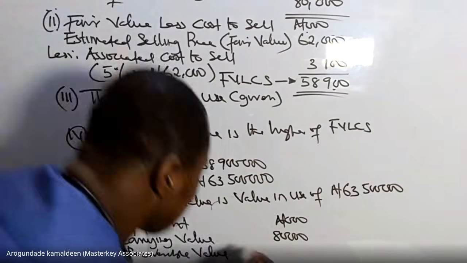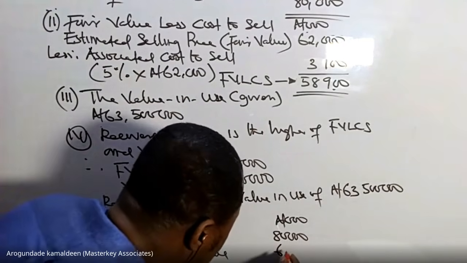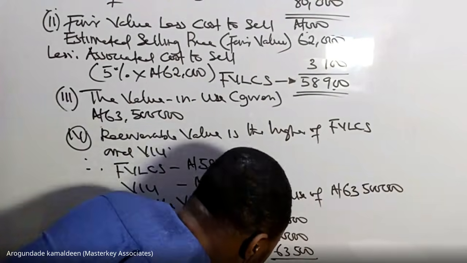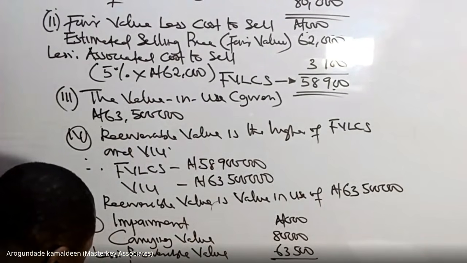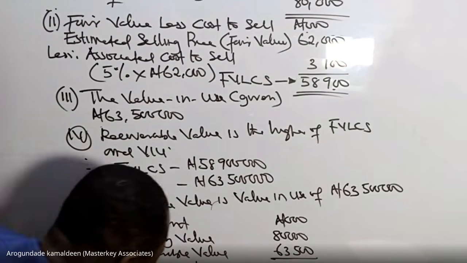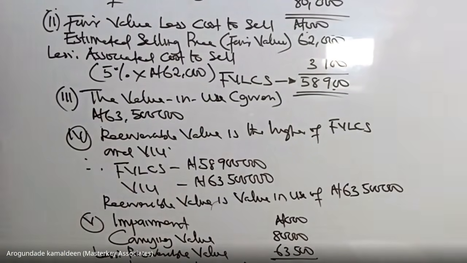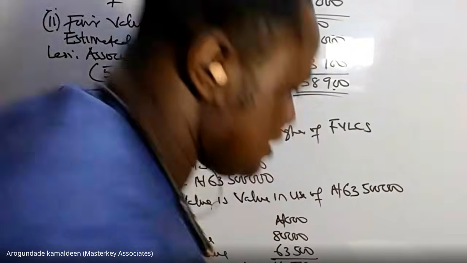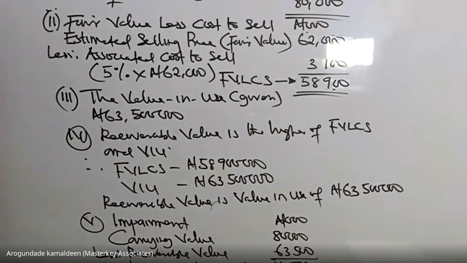That was 63.5. That is the higher one. The impairment now is how much? Tell me. 16.5, Abi. That is the answer to part A, you can say.